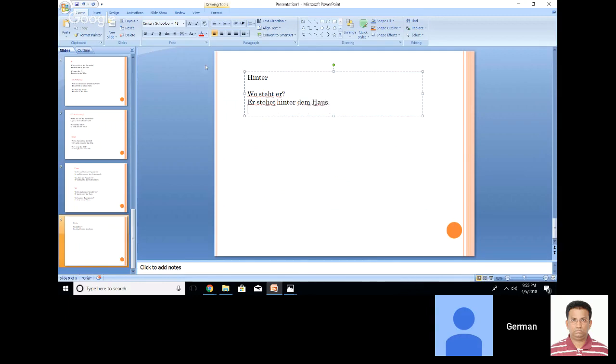Okay. Wo steht er? Er steht hinter dem Haus. Over here, there is no action involved. It is only position. That's why we are using dative. And the dative question is wo. Now, what would be the accusative question for it?